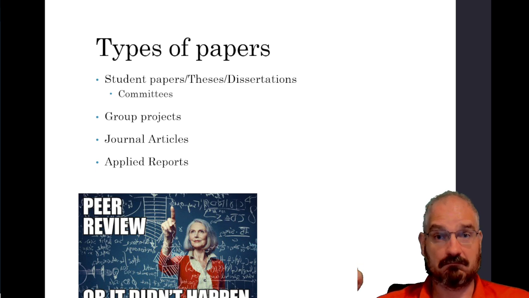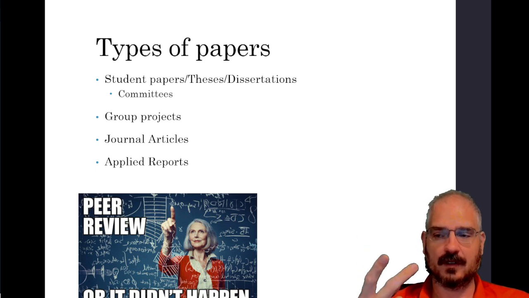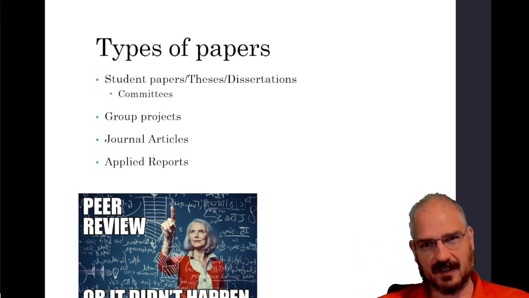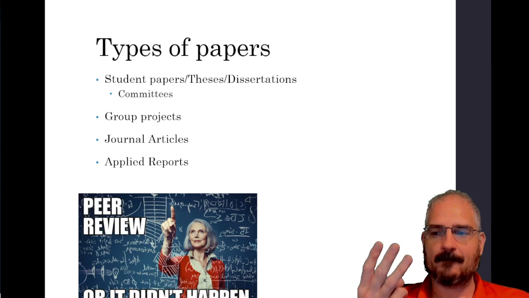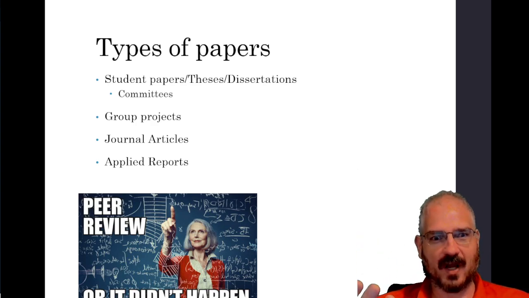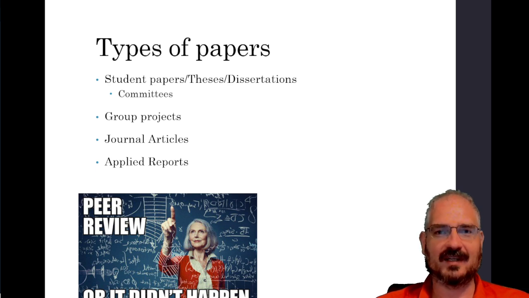Accept, meaning this is really good, you should publish this. Or reject, which is this is very bad, get rid of it, don't bother publishing it. Or the third one, which is by far the most common, is what's called a revise and resubmit, which means I've identified some problems, have the author fix these problems, then resubmit it, and we'll review it again.